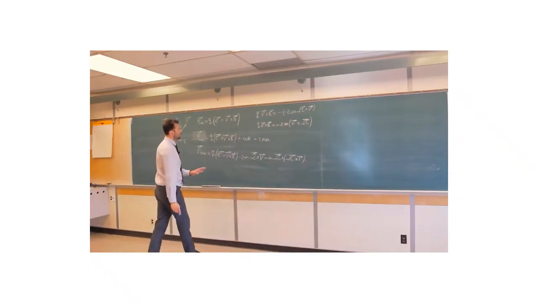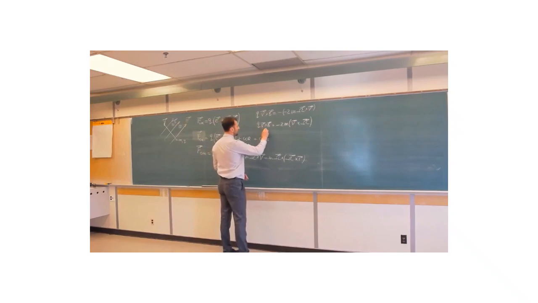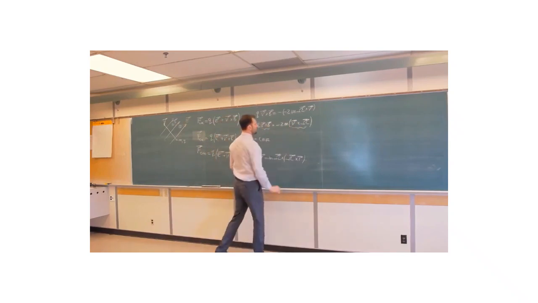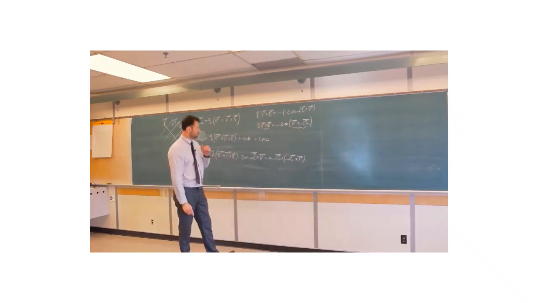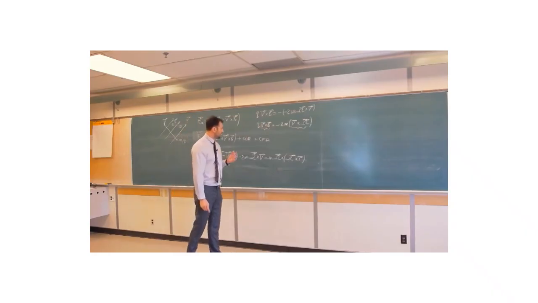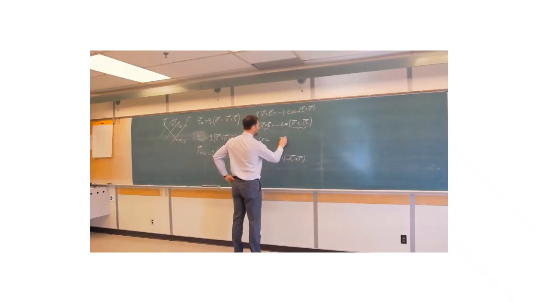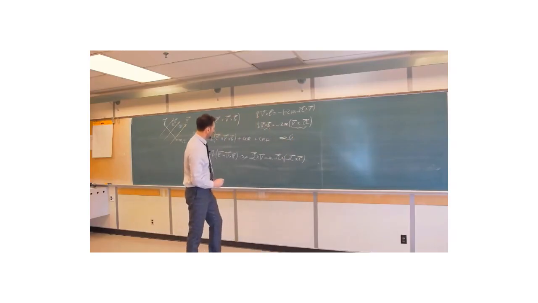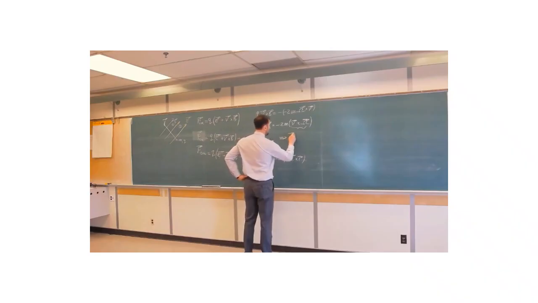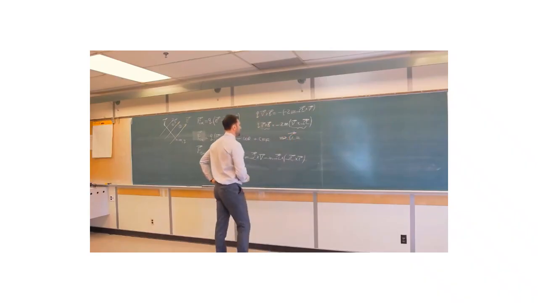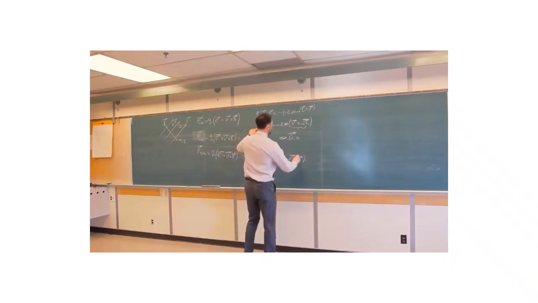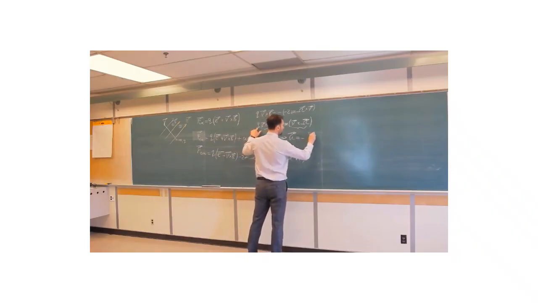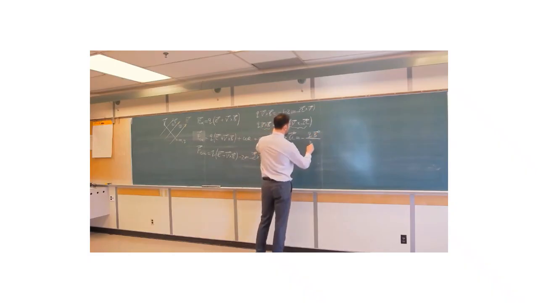And now look, this cross product indeed looks like this cross product over here. Therefore, omega as a vector needs to be negative q times B divided by 2m.